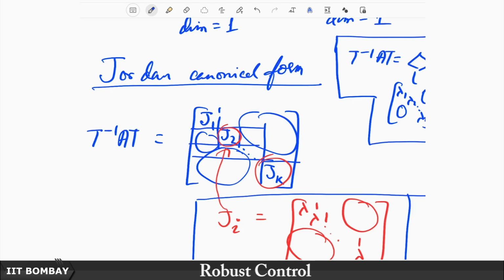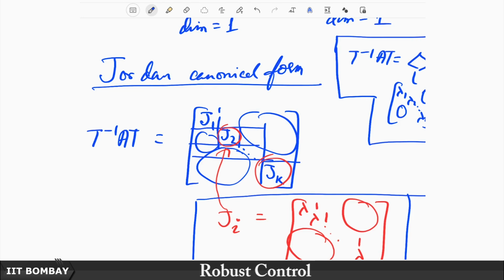What the sizes would be, how many such blocks there would be, we will not get into finding the answers to those questions, because that will take us too far afield into advanced topics in linear algebra. But there are, I assure you, constructive ways of obtaining these Jordan canonical forms. So, that is one subtle point which I think warranted clarification.